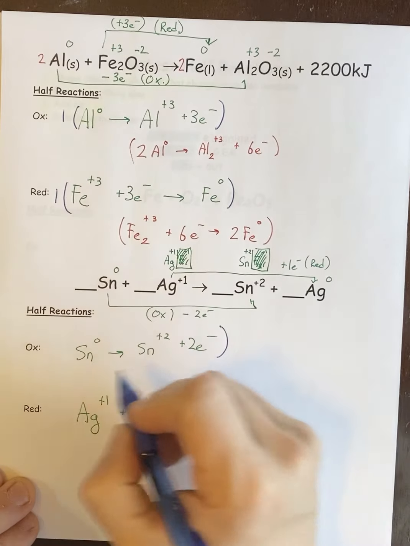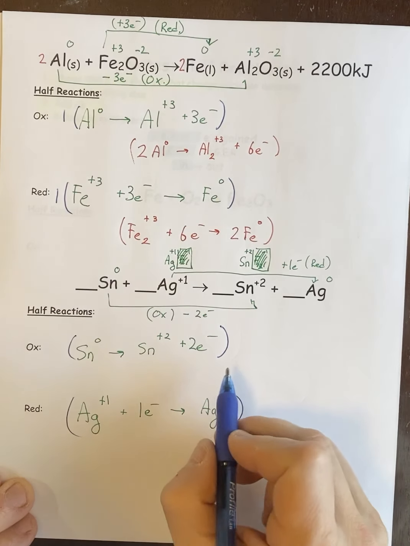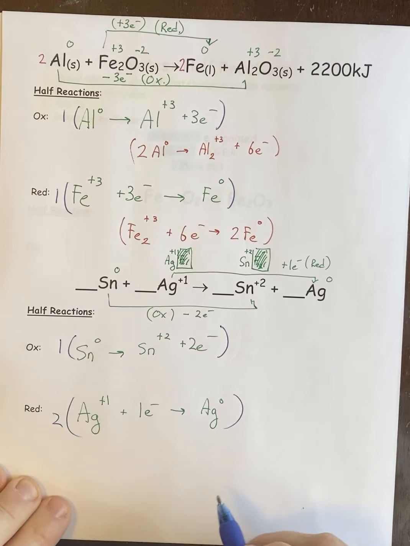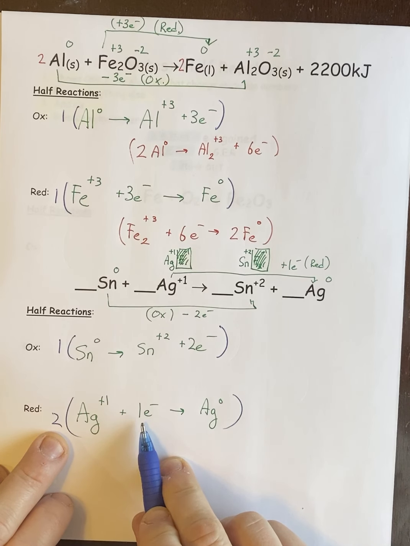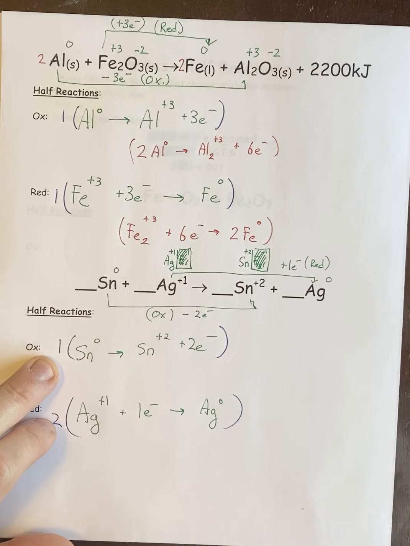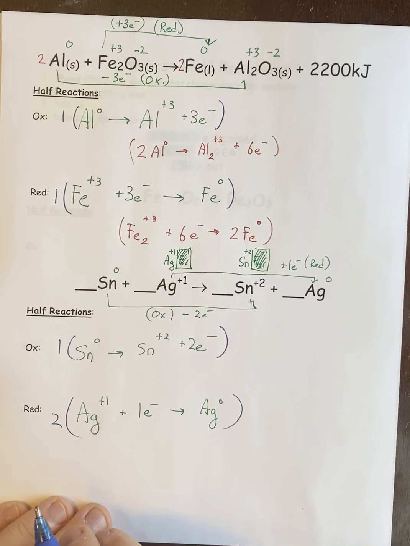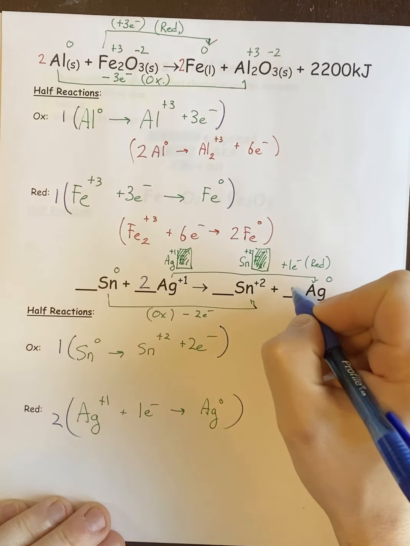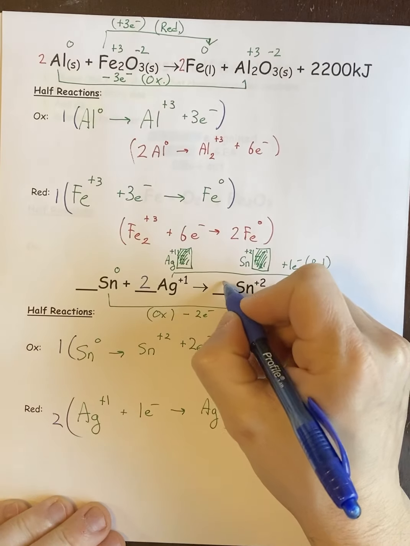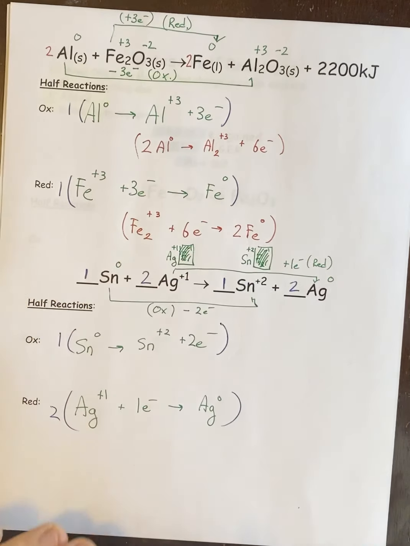And then balancing the loss and the gain would be a 1 and a 2, because we can multiply. By multiplying the Ag by 2, it gains 2, and then the Sn by 1, it stays as losing 2. All right, and then your balancing coefficients will go into the equation, and you would just put a 2 in front of all the Ag stuff, and then a 1, or leave that blank in front of the Sn stuff, and you're done. All right, so that is how you do these equations.